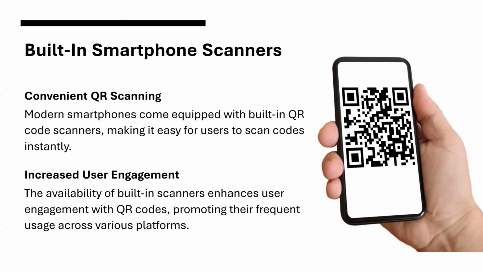This increases the availability of built-in scanners, enhancing the engagement. Now, just think about it. If the big phone manufacturers felt that QR codes were that important to build them into their product, that means QR codes are going to be around for a long time, and their promotion and frequent uses over various platforms would just increase.